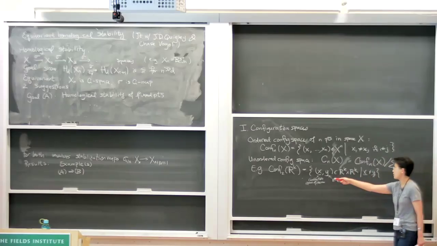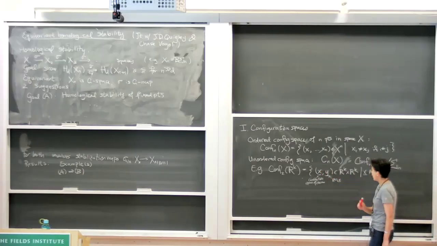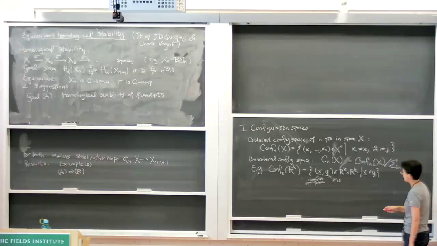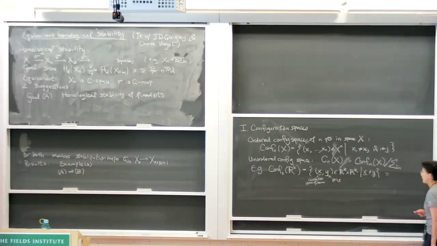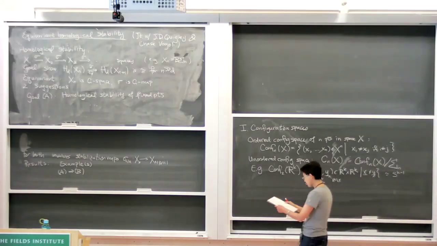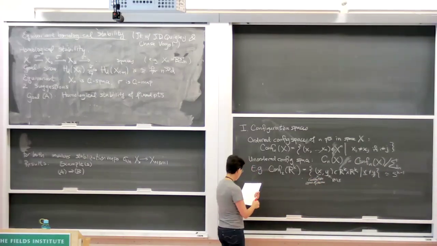So there are contractibly many choices for x, and then an R^k minus x worth of choices for the second point. And that's a slightly hand-wavy argument for why this is homotopy equivalent to S^(k-1). Okay, so that's Conf_2.